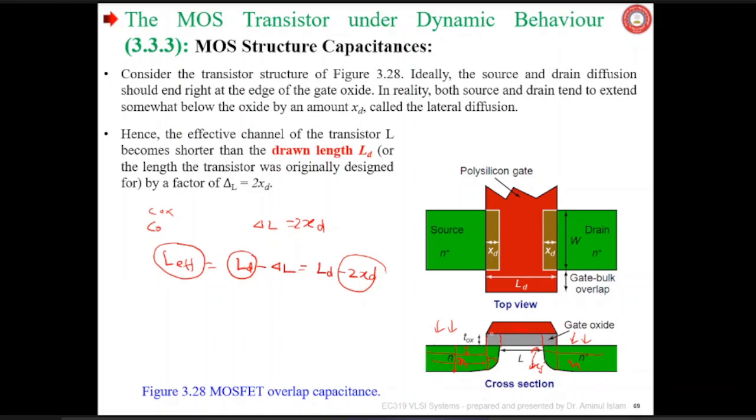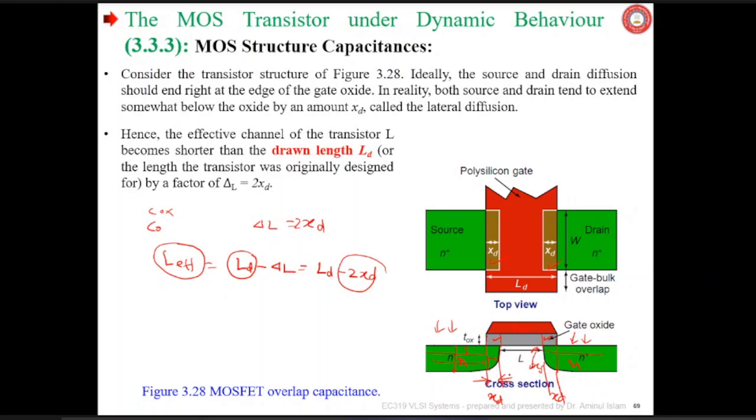See, due to the lateral diffusion during annealing, this much length, say xd, is denoted xd, and this side also xd. See that dimension at the top, xd. This much overlap is occurring with the gate and gate oxide. So due to these overlap regions, you have the overlap capacitance.